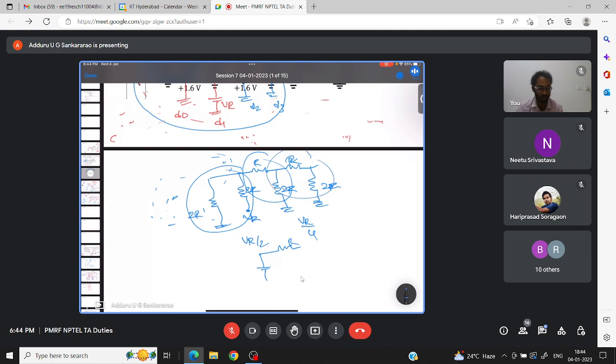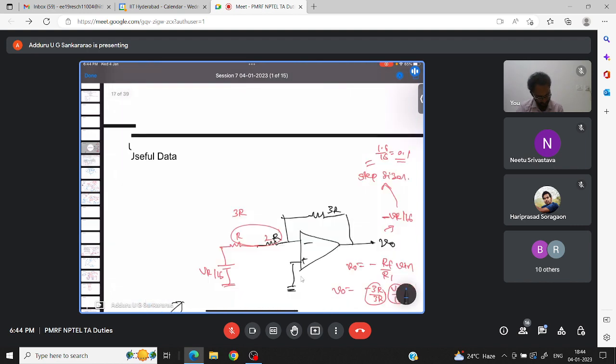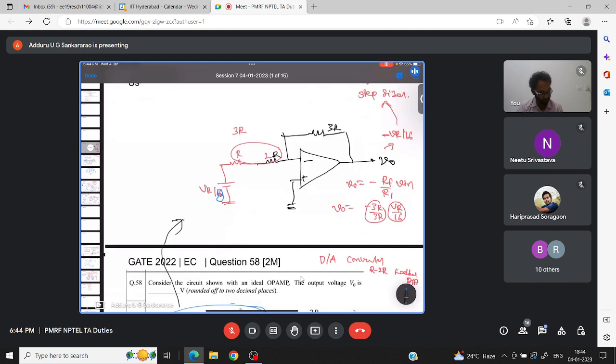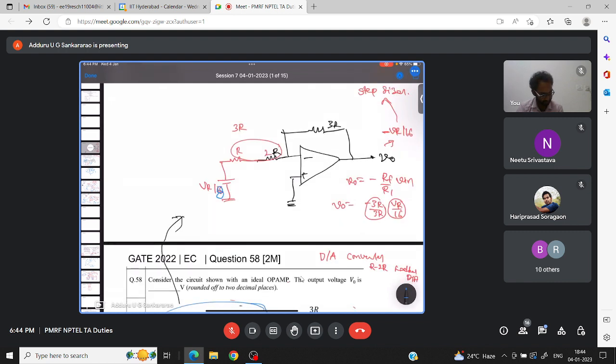One more ladder, VR by 8 you will get. Now VR by 8 into R for bit D1. So what will be the output in that case? Minus VR by 8 you will get.